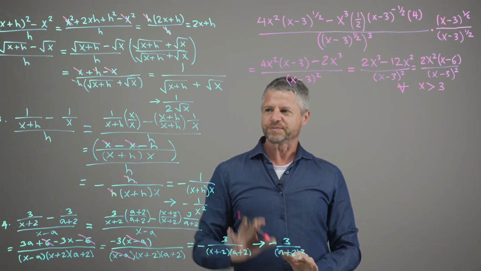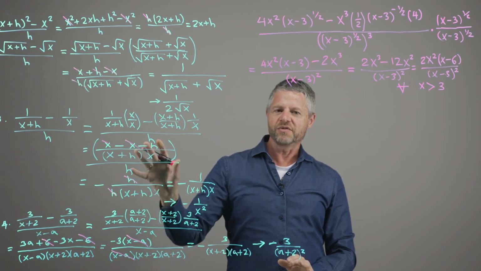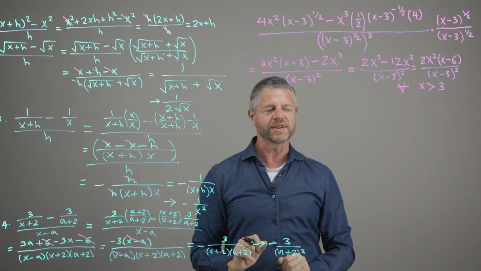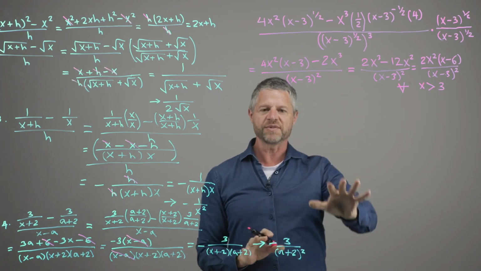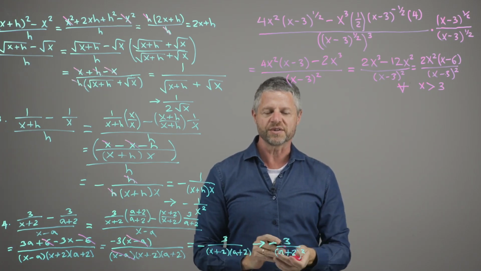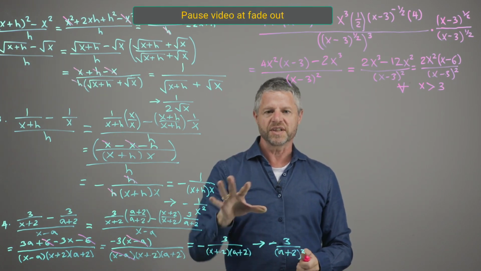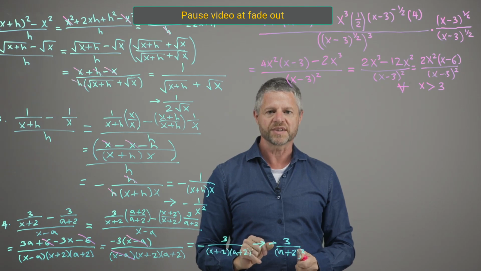So at this point, we've gone through 5 different examples, getting a little bit more complicated as we go along. So I'm going to give you a couple of examples now to work through by yourself. Pause the video, work through these examples and see if you can come up with the answers.